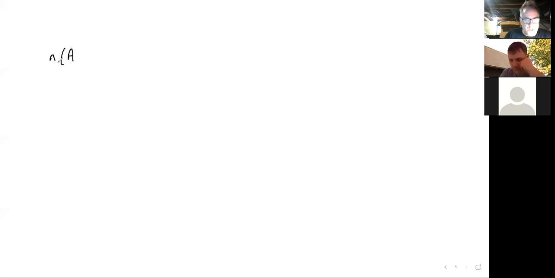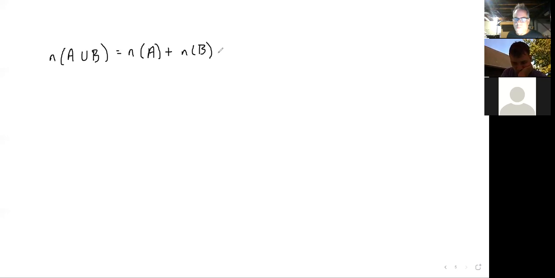Now remember, this means cardinality. So it is a number, the number of elements in that set, number of elements in A plus the number of elements in B. And we would say, okay, is that always true? It seems reasonable. But as it turns out, there could be a problem here.